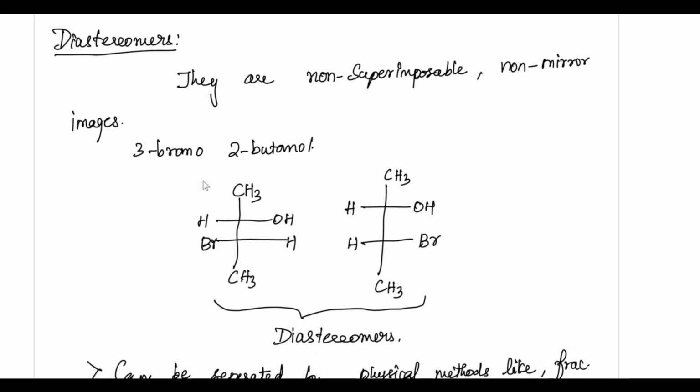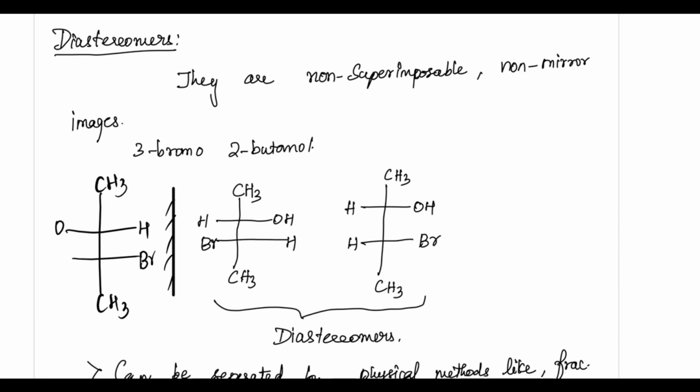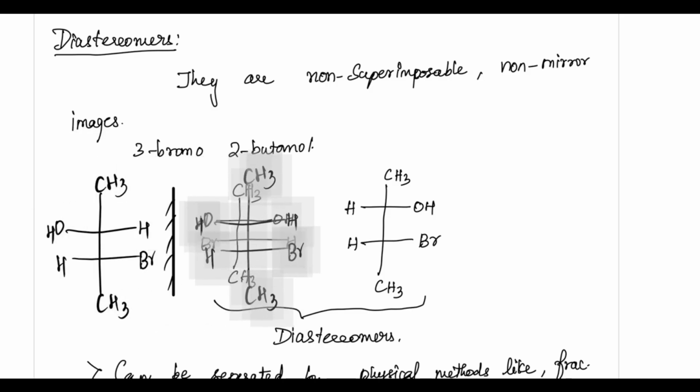Diastereomers means they are non-superimposable, non-mirror images. Like you can see 3-bromo-2-butanol. These are diastereomers. I can't place it over, and also these are not mirror images. If I want to write a mirror image of this one, then CH3, H, Br, OH, H. So this is the mirror image, right? If I am placing it over this compound, it is not fitting, right?